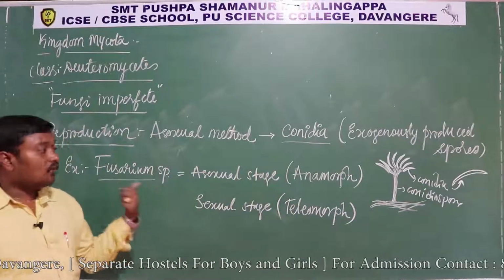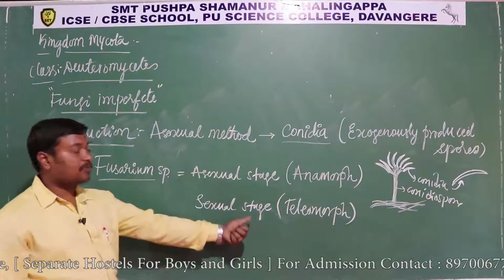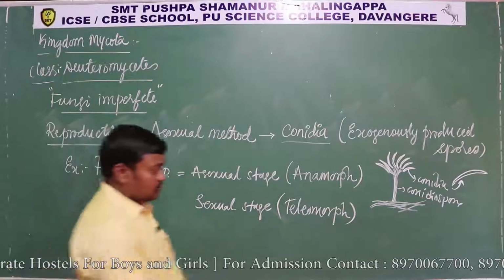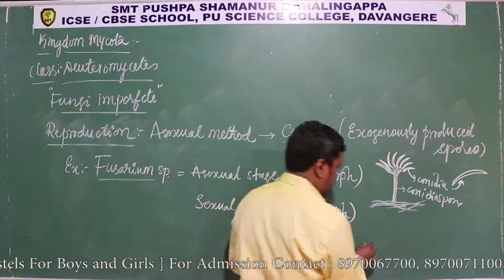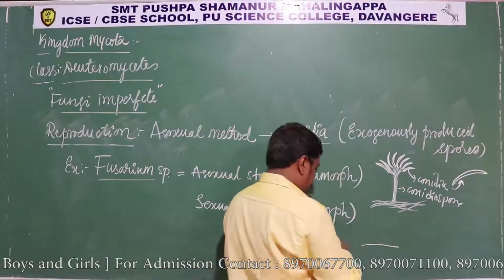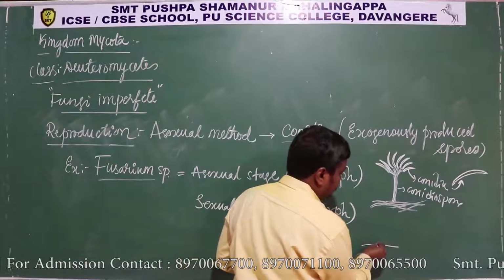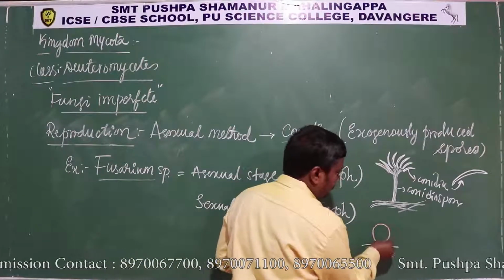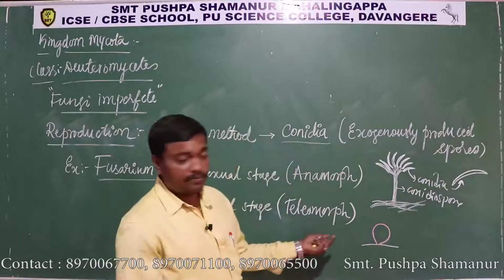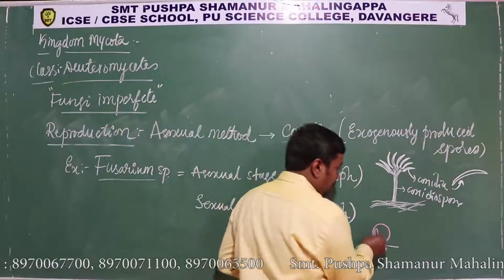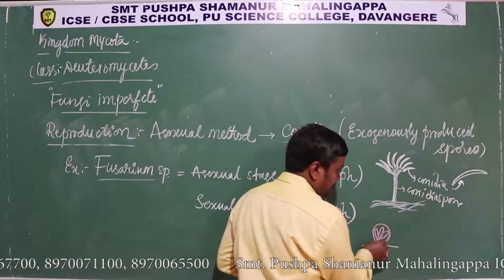So this teleomorph is a sexual stage where it produces sexual spores. Okay, so how does it produce during the sexual stage? It produces the fruiting body like this. It produces the fruiting body like this. So inside it produces many asci.